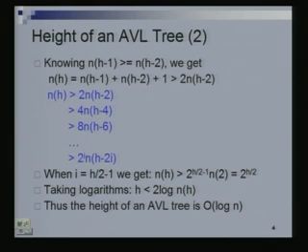N of h is that quantity. What is n? This is just a function. Do not confuse this n with the number of nodes. You can replace this n with something else. So then what is n?